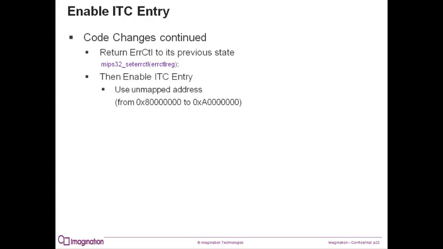So far I have enabled the ITC block but not the actual ITC cell I will be using. To do this, I need to use an uncached address to access the cell. I can do this by changing the address of the cell array from being in CaseEg0 to CaseEg1. Here is the code to do that.